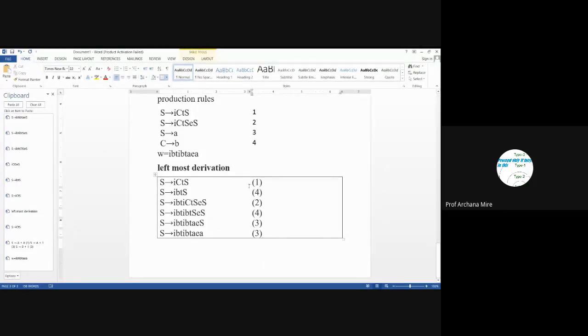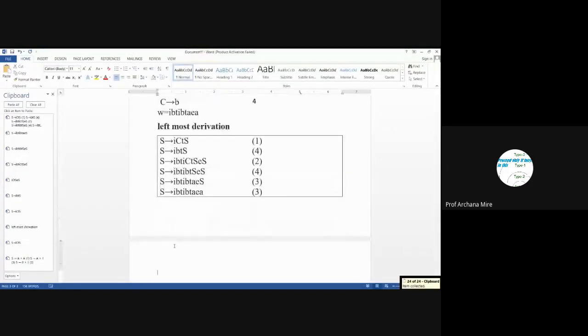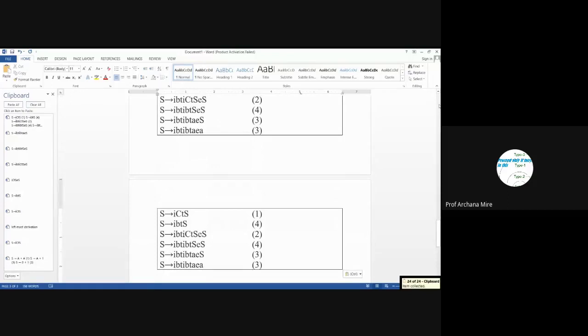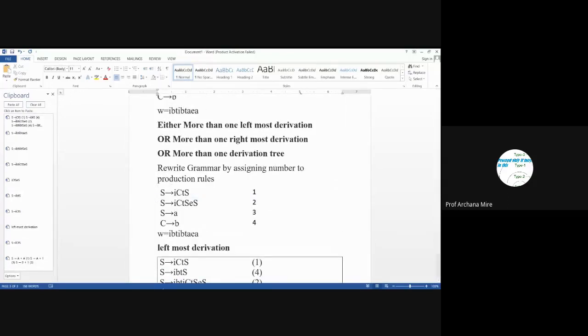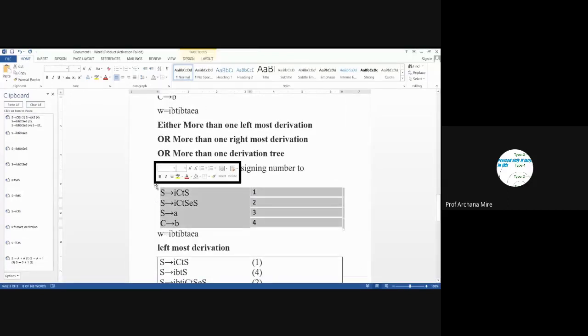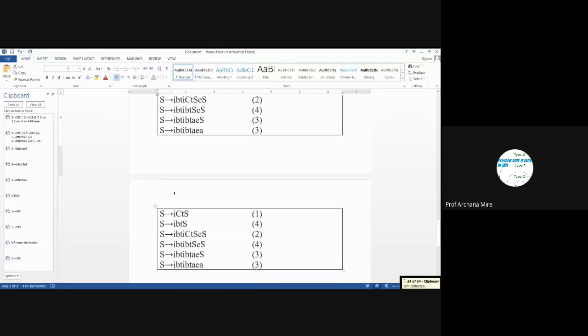Now, since we want to check whether a given grammar is ambiguous or unambiguous, what will we do? We will once again try to derive the same string, and by using the leftmost approach only, we will try to identify whether we are able to get any other derivation or not.